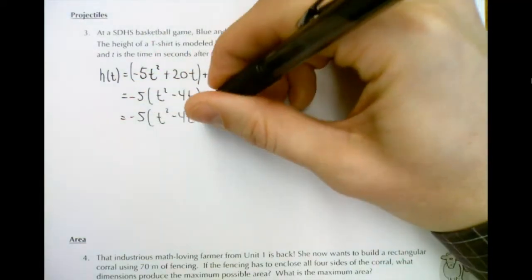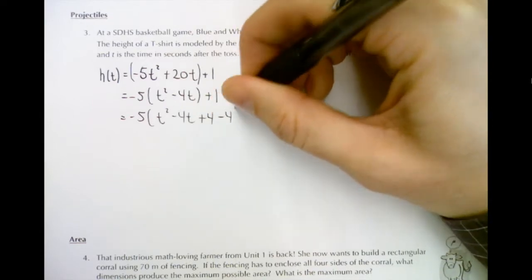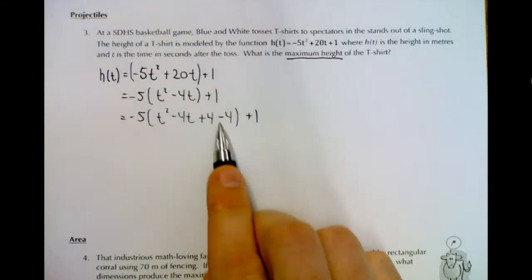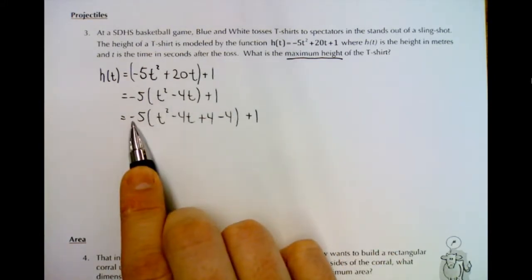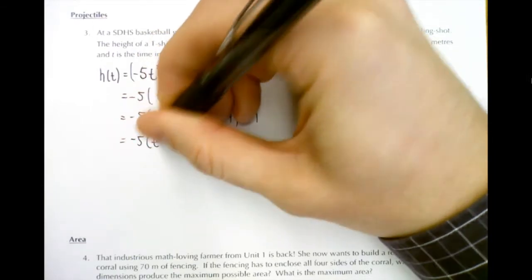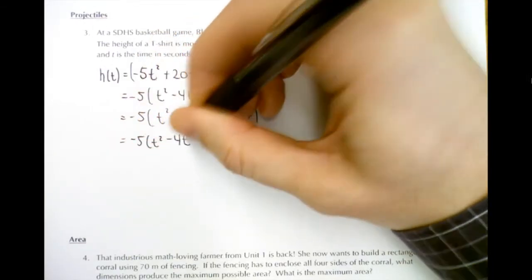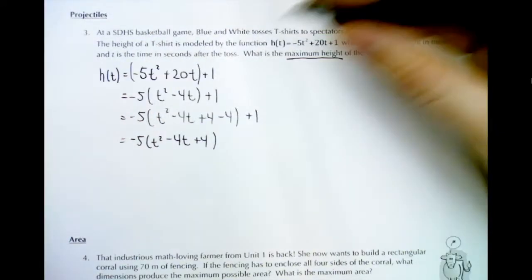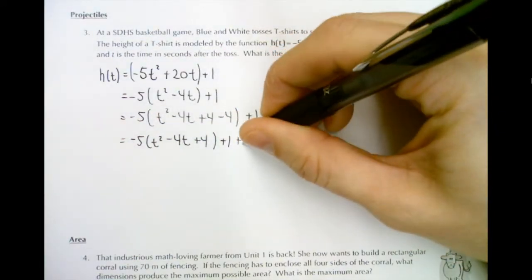So the number we're adding and subtracting is 4. And that's just completing the square. The last term is the one we don't need. Multiply it by negative 5, we get 20, bring it to the outside. Negative 4 times negative 5 is 20, so we got 1 plus 20.